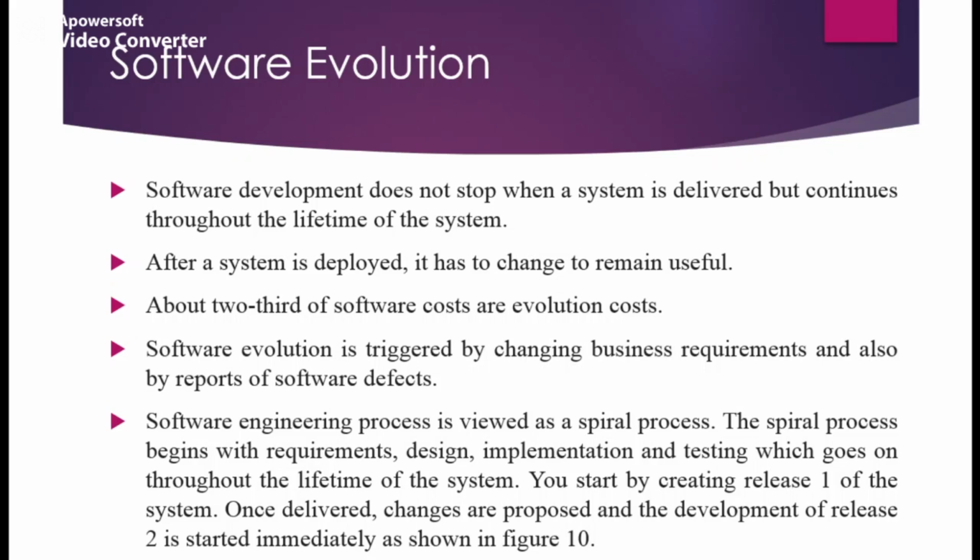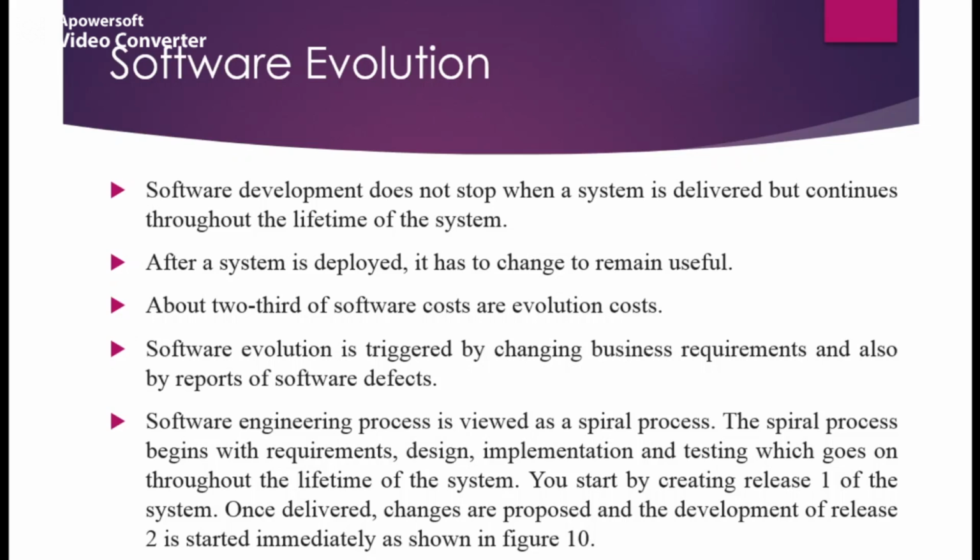You start by creating release 1 of the system. Suppose you think of the iPhone: the first version was released, then again the next version. Why was there a new release? Because of the demand of the people. They wanted some new features, so iPhone people started implementing them.